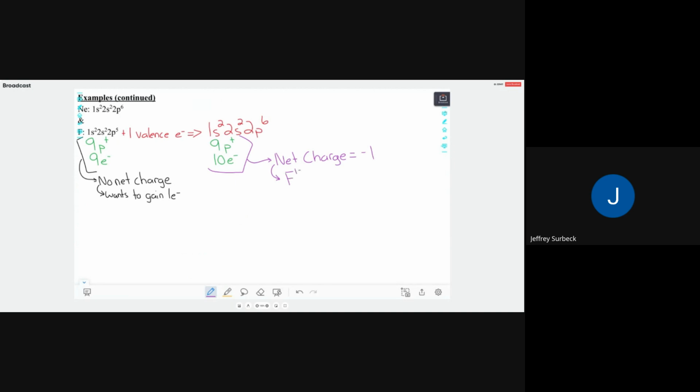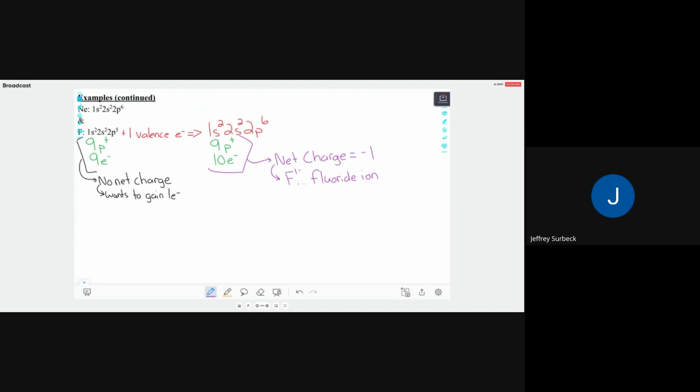Okay? Now, remember, with an anion, a negatively charged ion, the name at the end is going to have that IDE to reflect that negative charge. Okay? And so we end here with just a few more things.